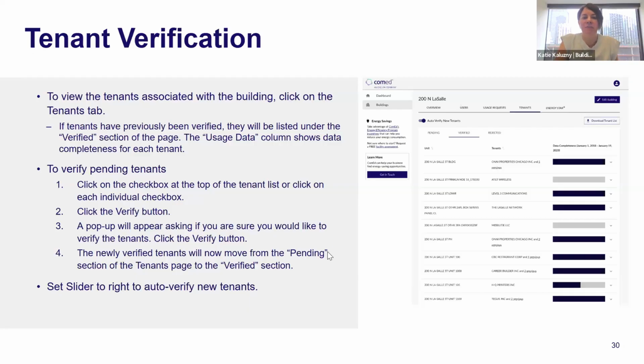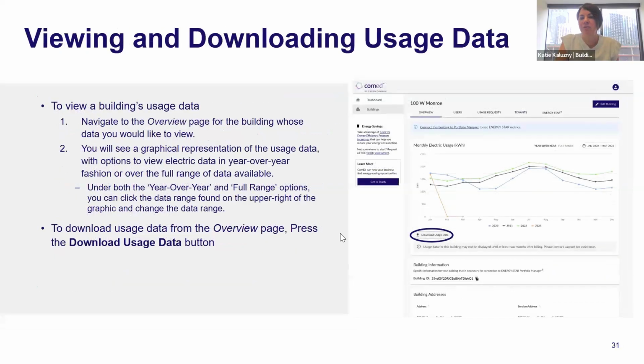Once you have verified your tenants, you are able to submit a usage request on the usage request tab. You can do it for a 12-month period, or if you're going to connect it straight to your Portfolio Manager account, which I'll talk about in a second, you can request it in an indefinite period with just a start date.